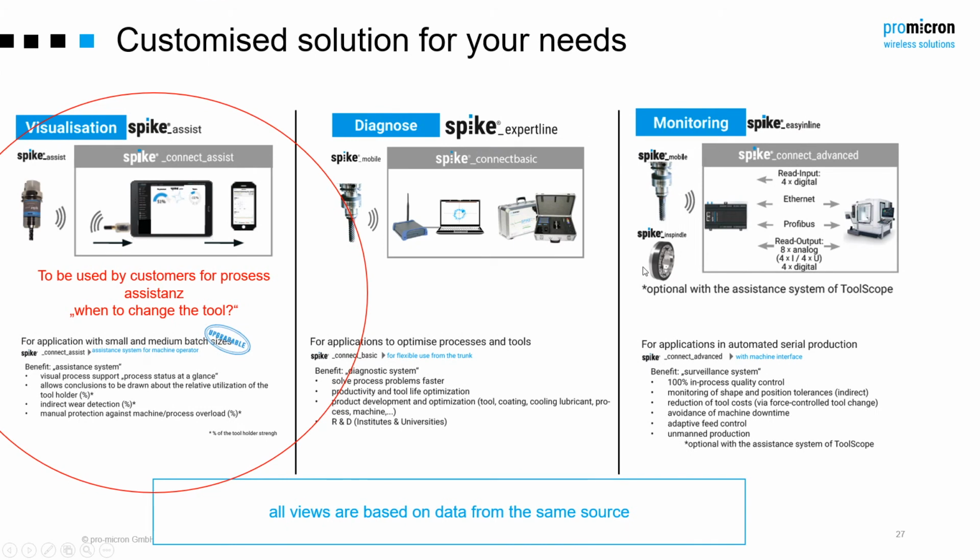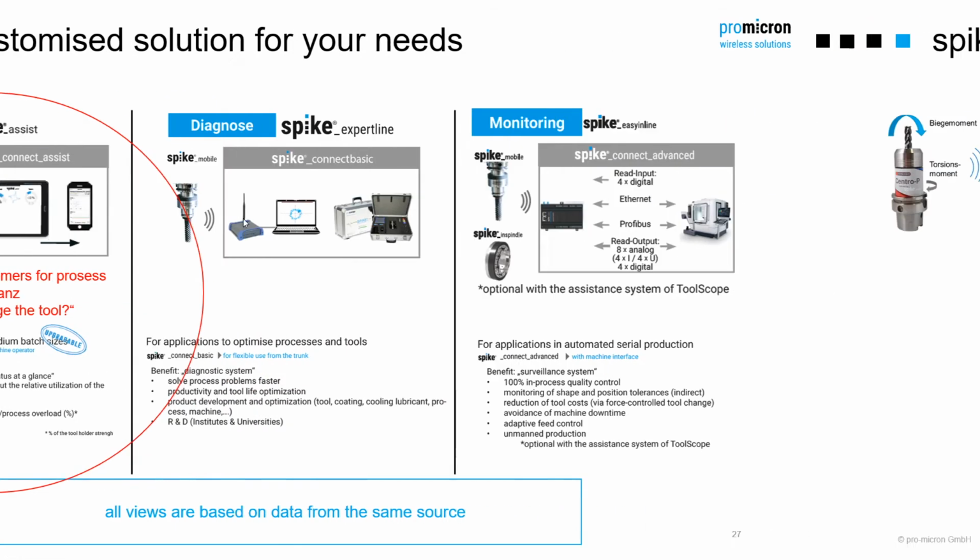Because of one reason. Pro-micron will release soon the Spike Assist solution, which is an assistant system, for example, for when to change the tool, for the machinist. He will see the bending moment and the torque live in percentage on a tablet, and he can set alerts in percentage when he wants to receive a notification on his mobile phone.